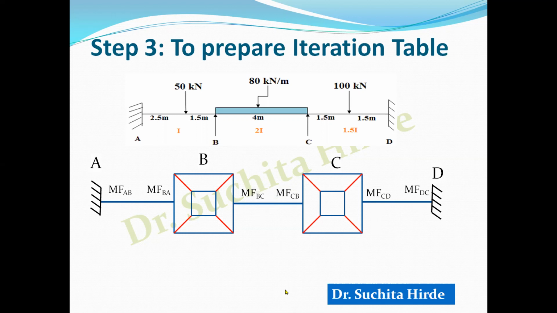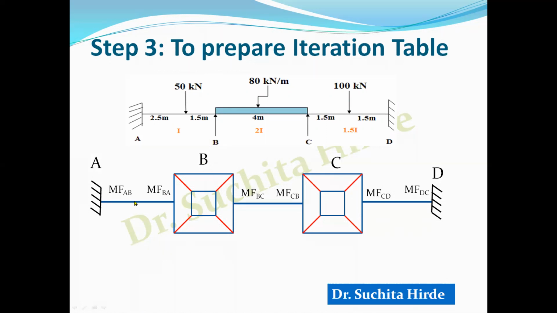After writing fixed end moment, we have to write the rotation factor. Here, at B towards A, in this box we will write rotation factor for BA. In this box we will write rotation factor for BC. Suppose there is a column here, if it is a frame, and if this end is E, then for BE we will write the rotation factor here. If there is some member on this side, we will write rotation factor here.